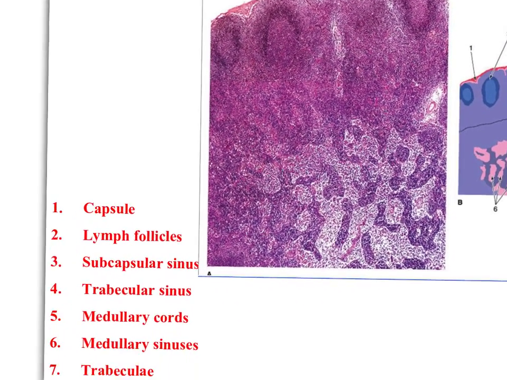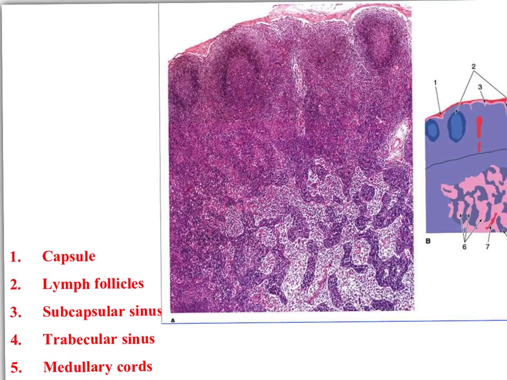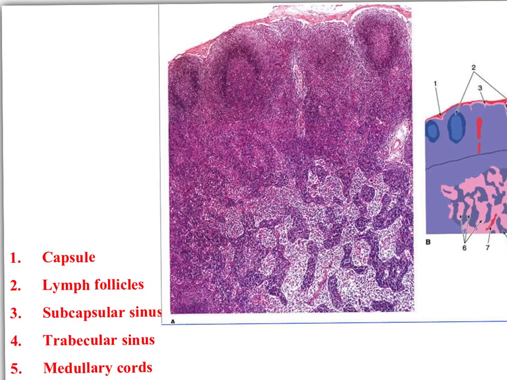Again, we have number 4, the medullary cords. The medullary cords are very evident here. These are the irregular structures present in the center of the lymph node. And we have this red structure, it is a medullary trabeculum.